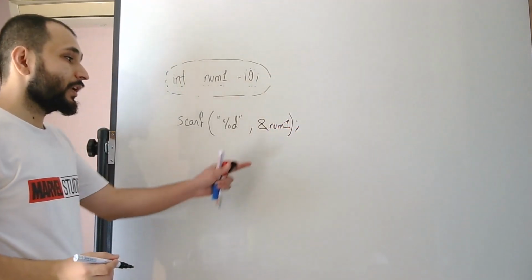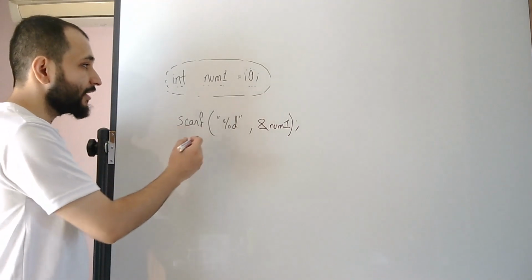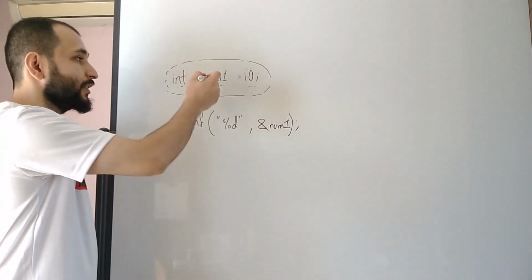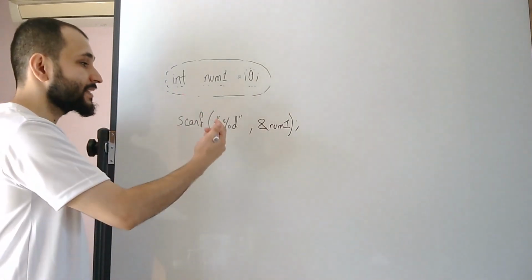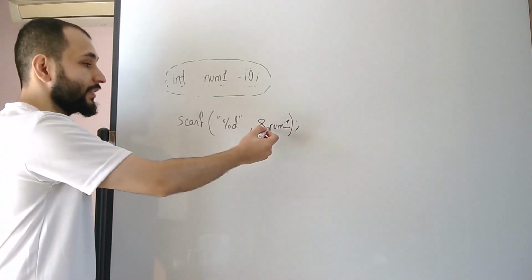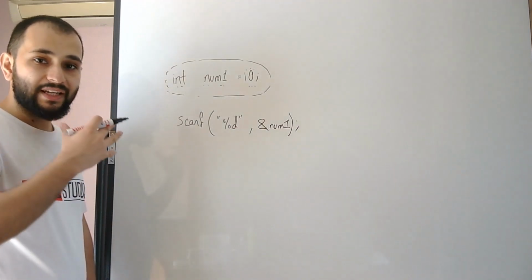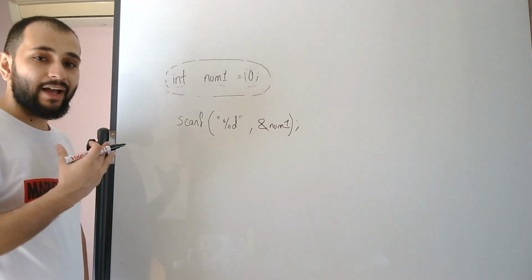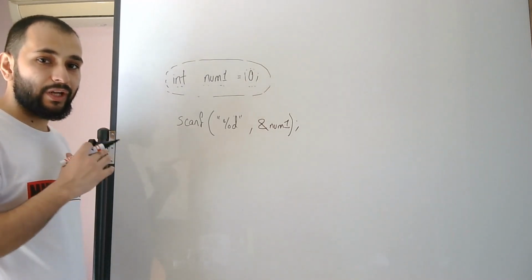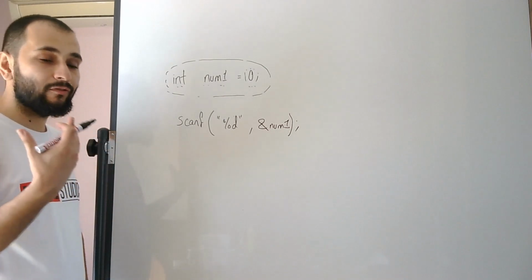That means that whatever value was previously stored in num1 is going to be replaced when I use num1 here in the scanf function. So when we are reading into memory, whatever value was there before will be erased and replaced with a new value.